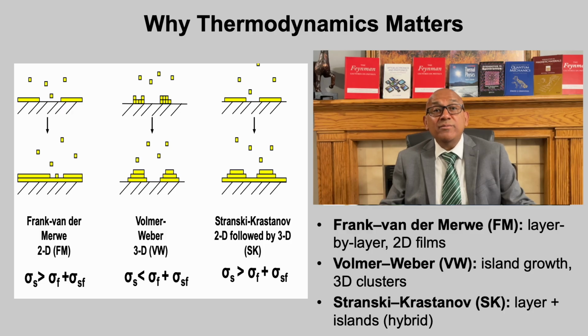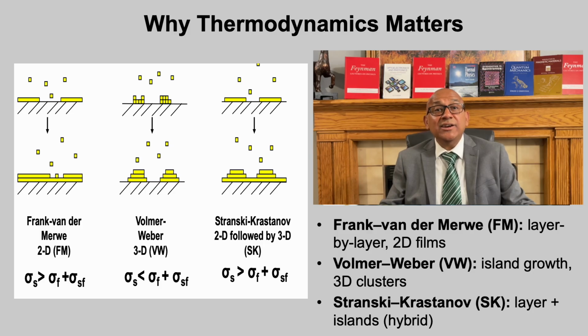In the Volmer-Weber mode, when the substrate surface energy is smaller, that is, sigma S is less than sigma F plus sigma SF, atoms cluster together instead of wetting the surface, leading to island growth. This is how quantum dots or nanoparticles often form.